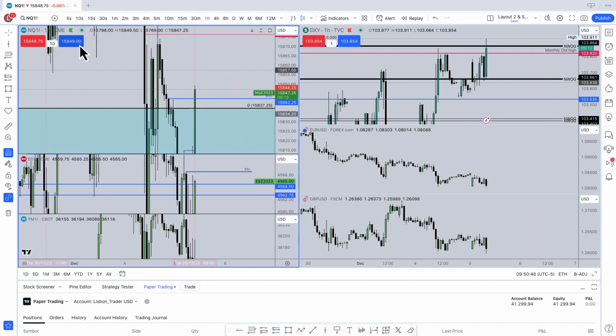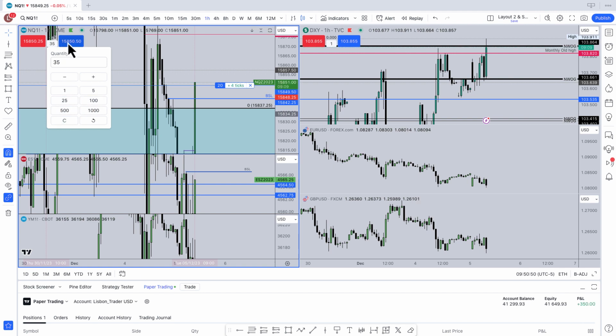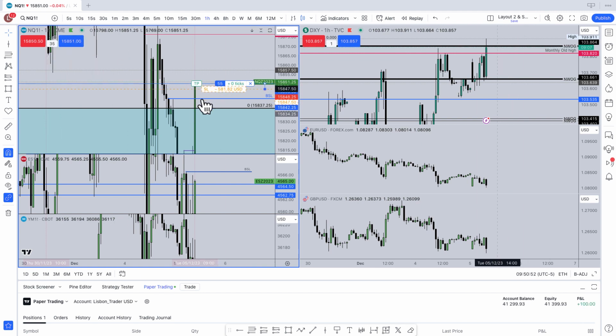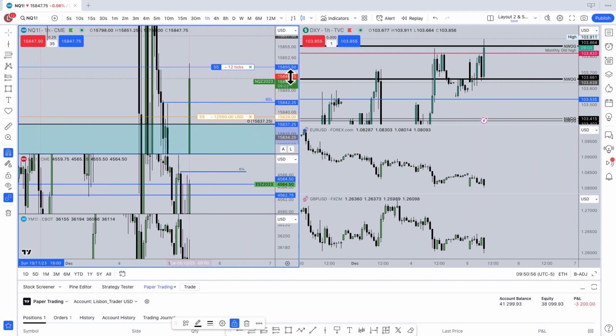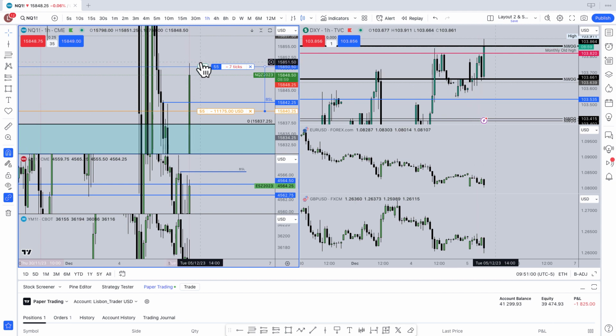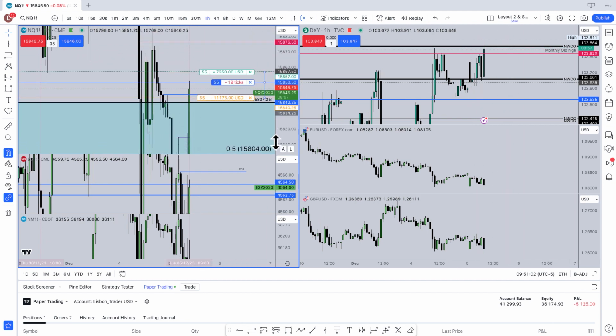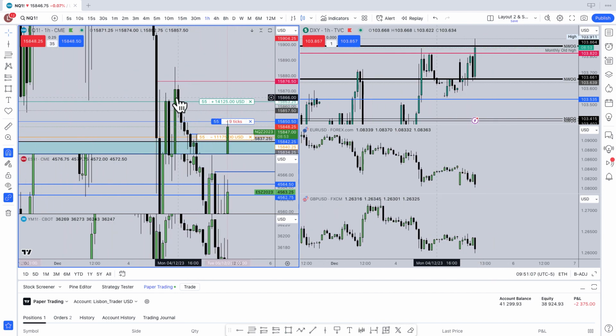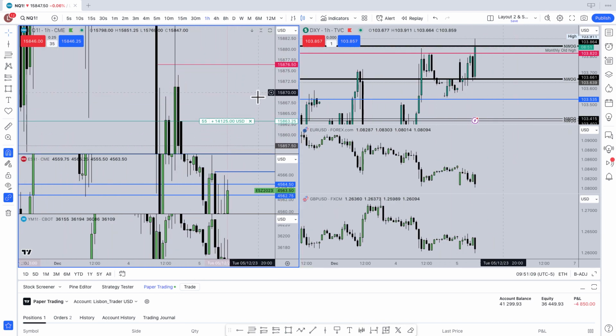Yeah, it's more clear in this. There's a no wick candle that wants to snap this one.